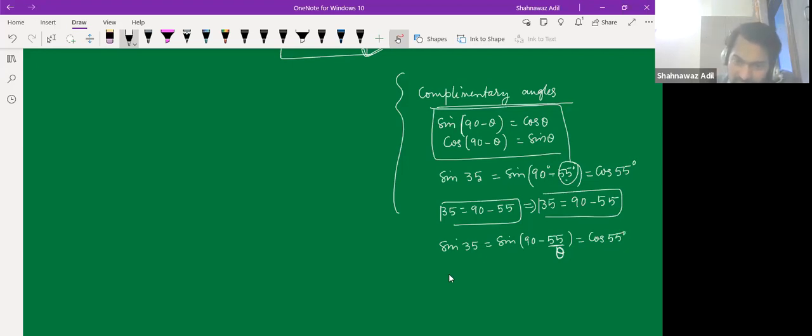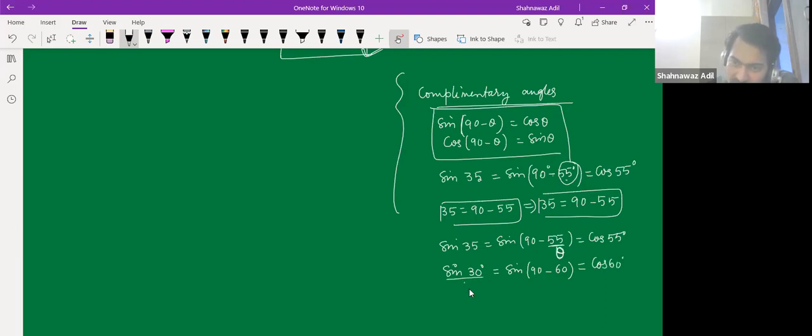So you guys can also understand from this relation, sine of 30. I can write this sine of 30 as sine of 90 minus how much? 60. So sine of 90 minus 60 would be cos 60. And you guys already know the value.